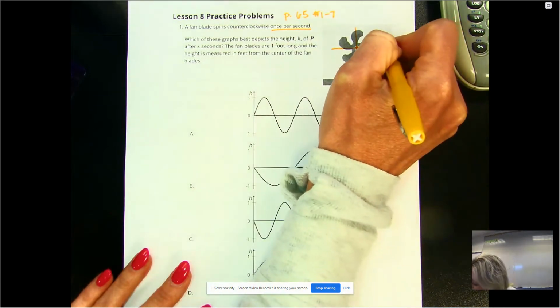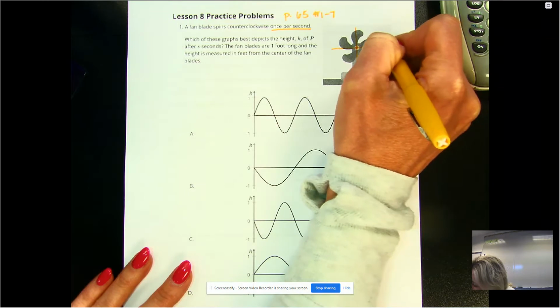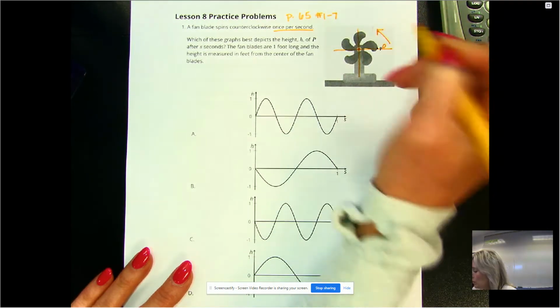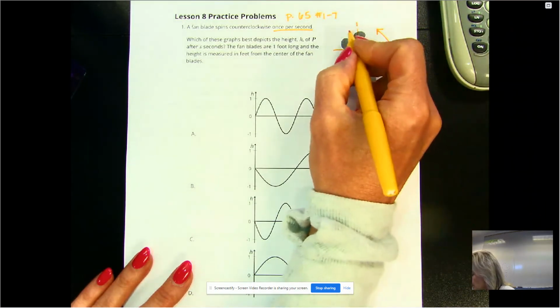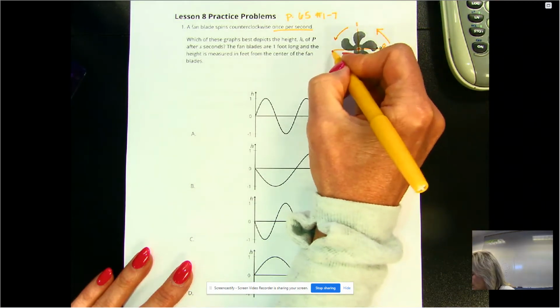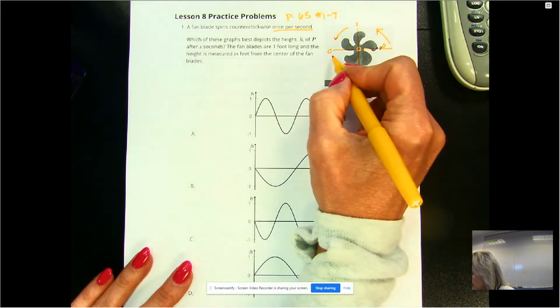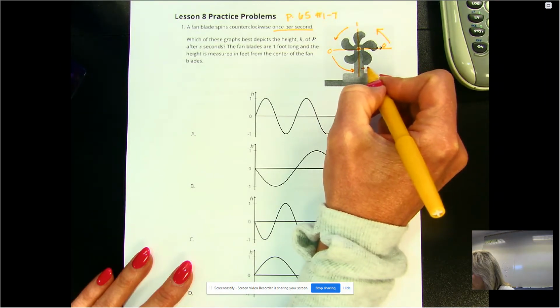And we're going counterclockwise. So this right here at P where it starts at a time of 0 would be a height of 0. And then it goes in this direction. So up here would be a height of 1. And when it gets over to here, the height would be 0 again. And then down in this region, when it gets down to here, the height's going to be -1.